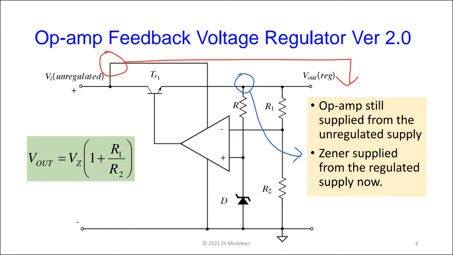So if I make R1 variable, when R1 is 0, I get VZ, which is 7. If I make R1 3 times as big as R2, then I could get, in theory, up to 28 volts.